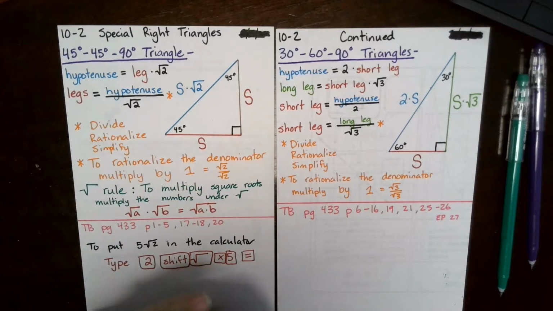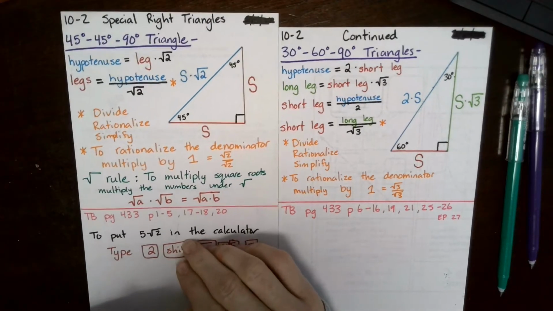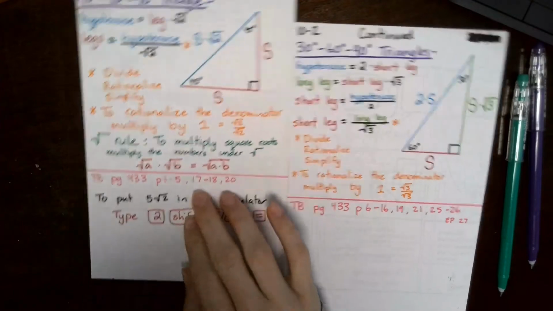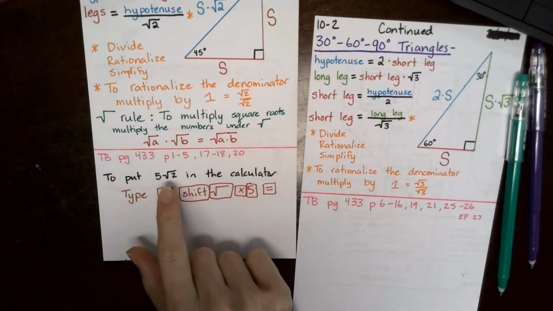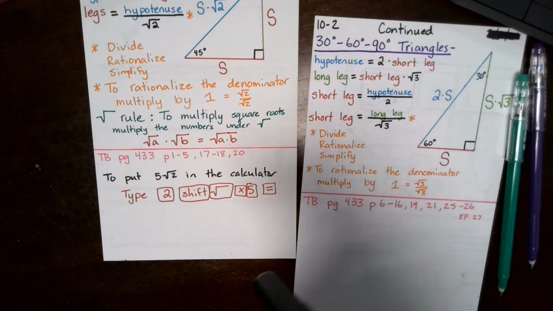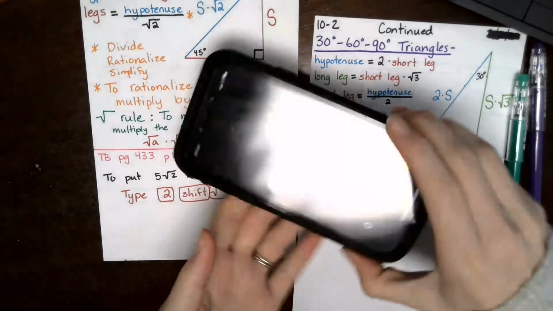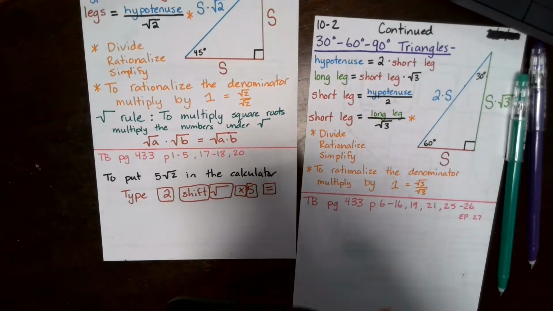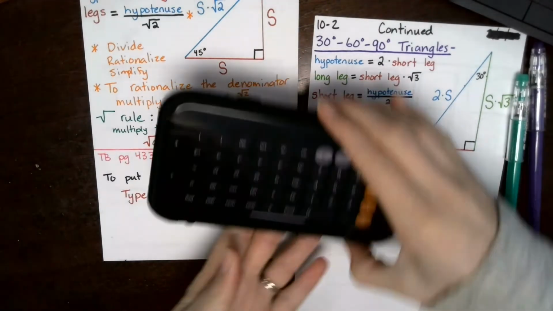Now, if it ever asks for a decimal answer, because I don't accept decimal answers, but sometimes there are problems that specifically ask for a decimal answer. So the way you put 5 square root 2 into your phone calculator, let me show you that real quick. Let me turn my calculator sideways. Sorry. Calculator.